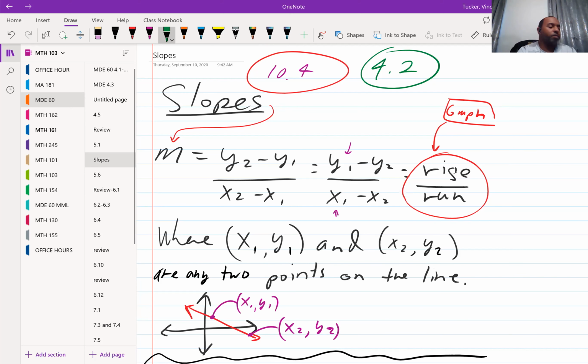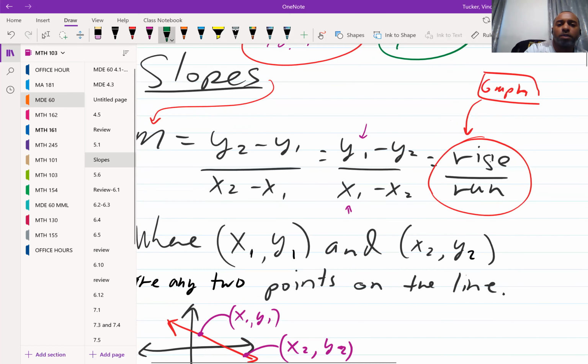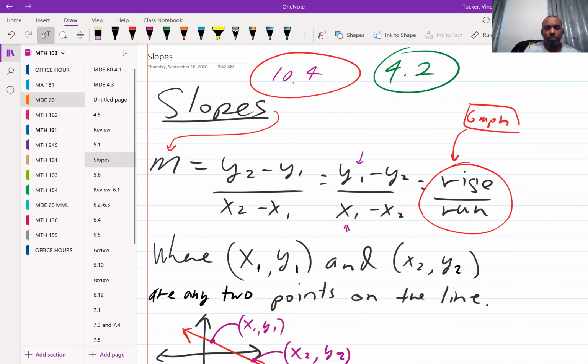Looking at slopes, the letter M will be what we use to represent slopes. S is already used a few times in physics and whatever, so we can't use S, so they use M. We can calculate our slopes by y2 minus y1 over x2 minus x1, or y1 minus y2 over x1 minus x2.